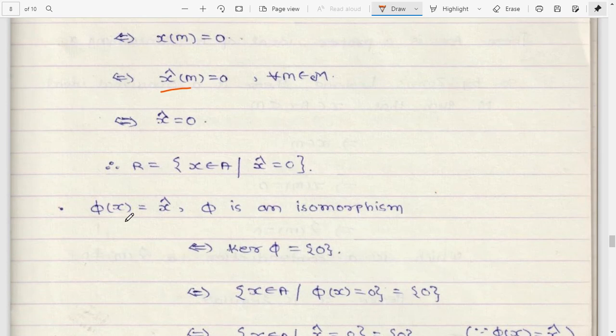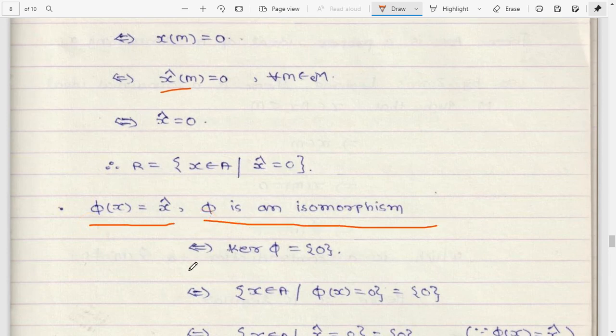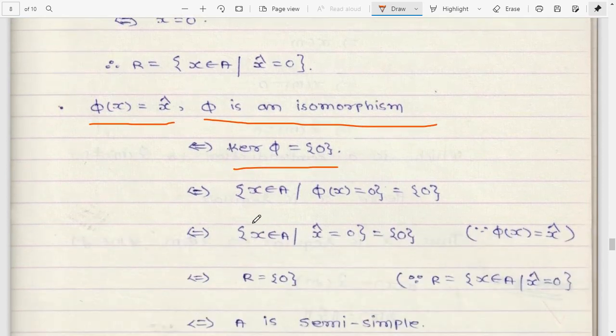So phi of x is equal to x cap, and phi is the homomorphism. Phi is an isomorphism if and only if kernel is equal to 0, if and only if the set of x belongs to A such that phi of x is equal to 0 is equal to 0.